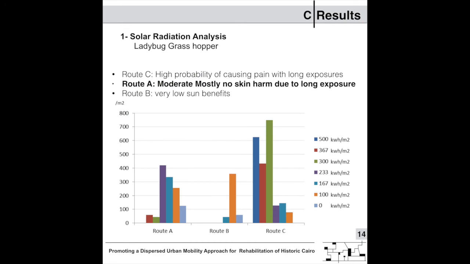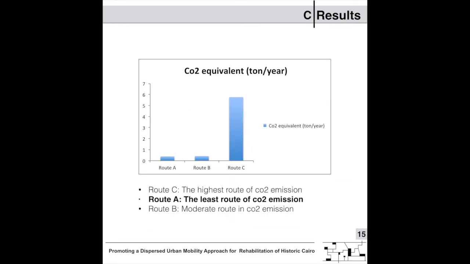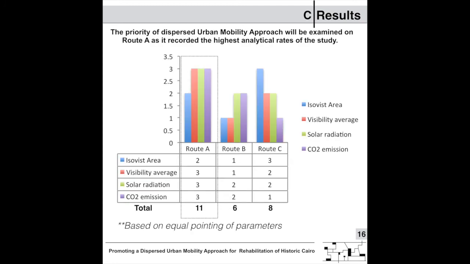The solar radiation analysis, on the other hand, shows that route A proposes moderate, mostly no skin harm due to long exposure periods to solar radiation.